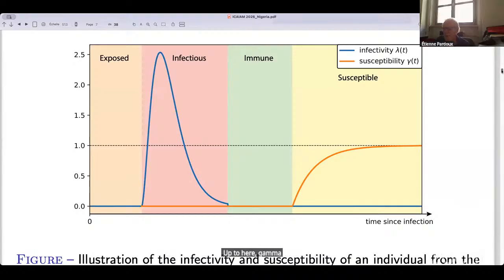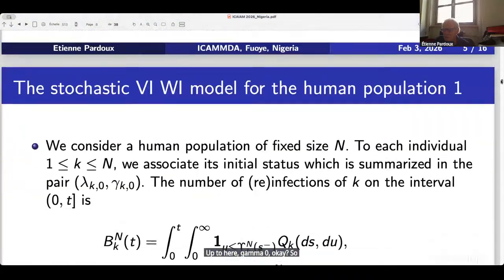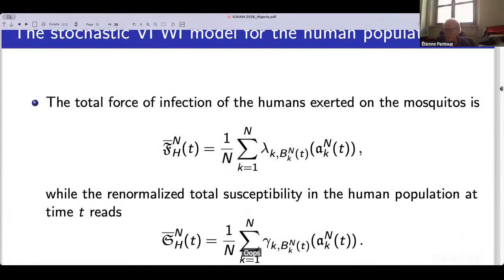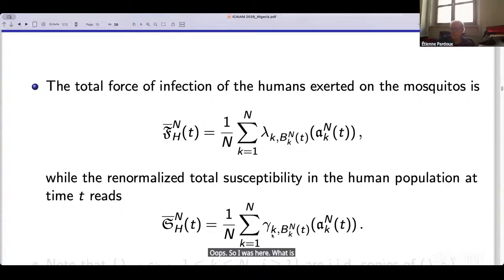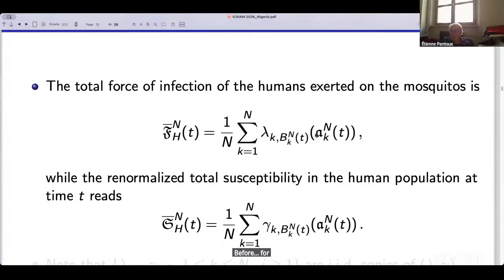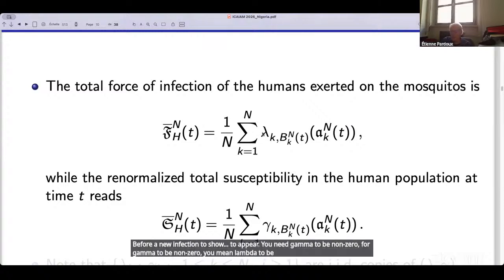Okay, so you see it is very important here. What is very important is that in fact, for lambda, here we don't have the same game, because for a new infection to appear, you need gamma to be non-zero. For gamma to be non-zero, you need lambda to be 0. So first lambda becomes 0, and then maybe you have a reinfection. Here it's not the same situation.